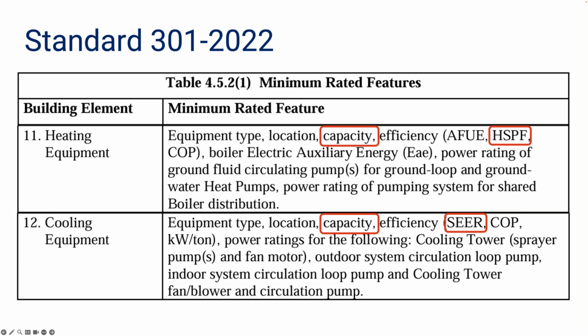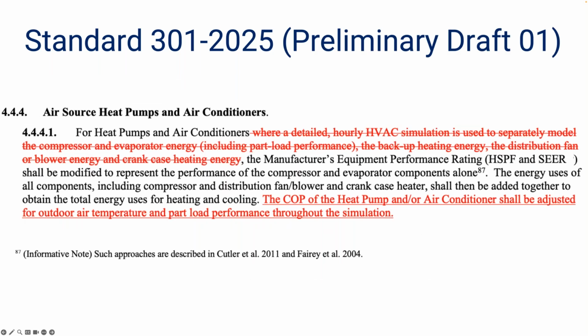The other piece that the standard covers is just one paragraph on how to model heat pumps. And it really doesn't even say how to model them. It just says what to model and leaves a lot of other things blank. This is from the 301-2025 preliminary draft that has gone out for public review already.